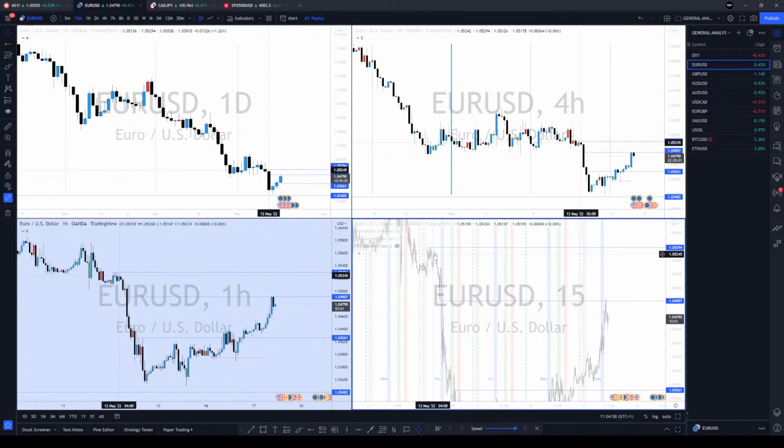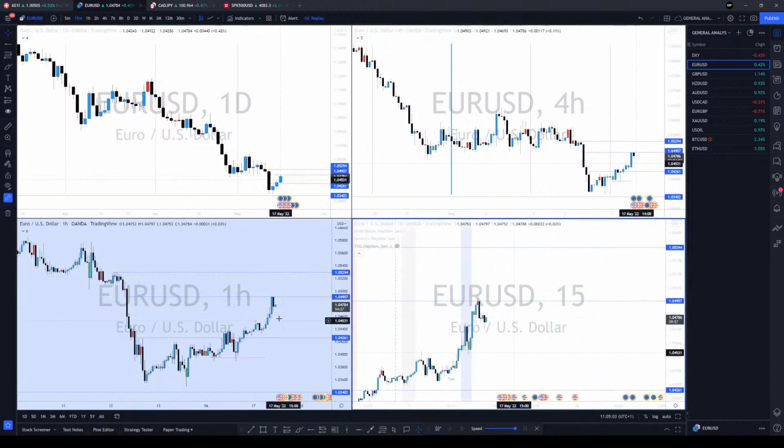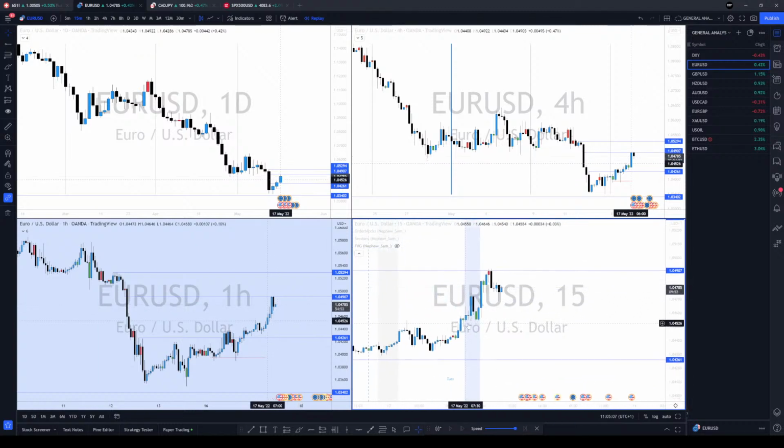There is liquidity up here, but if we took out this low, maybe 15 minutes at least, then maybe yes. If we took out this last up candle's low, then yes, I'll consider maybe a sell.